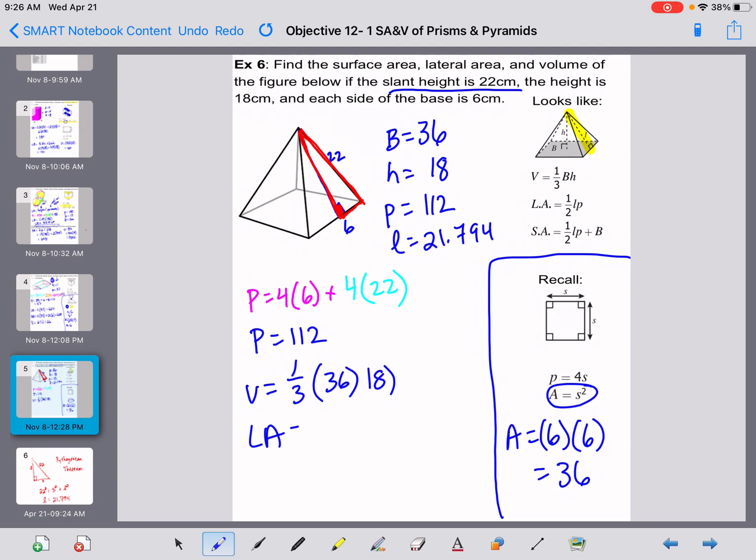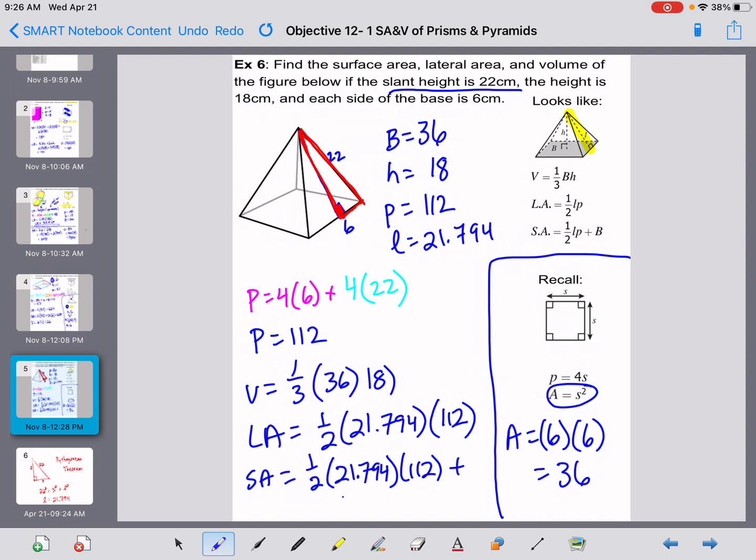The lateral area is 1/2 of the L times the perimeter. And then surface area is 1/2 perimeter plus 36.